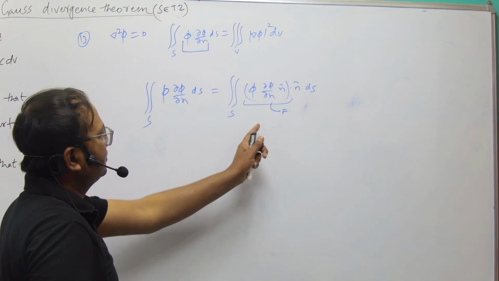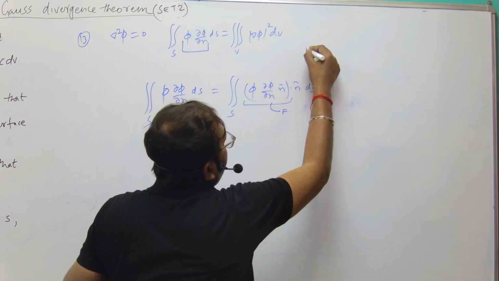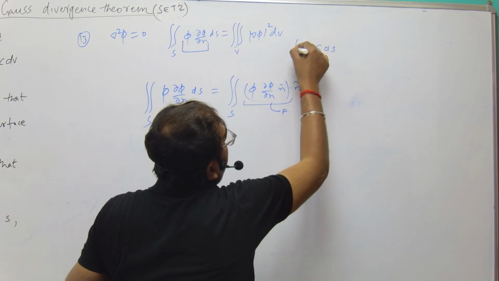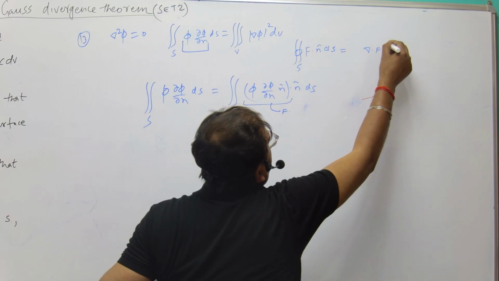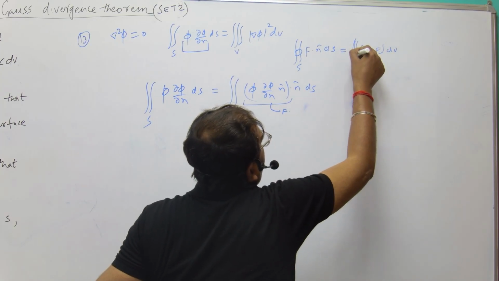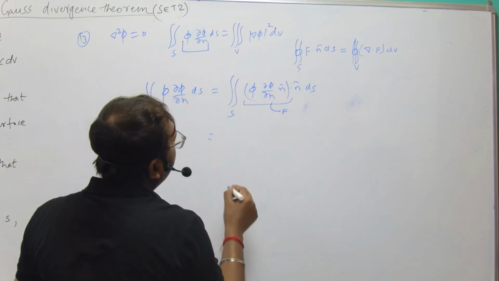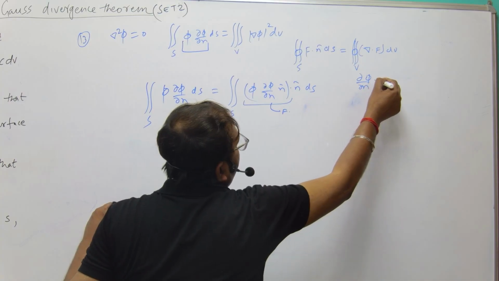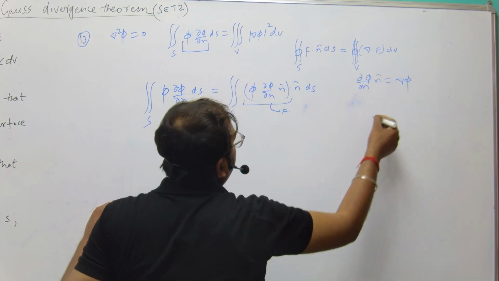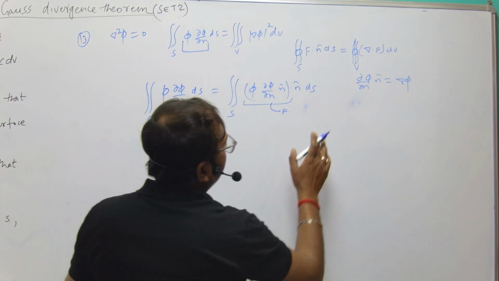The Gauss divergence theorem states that the surface integral of f dot n cap into ds is equal to the volume integral of divergence of f dv. And del phi upon del n into n cap is equal to del phi. So let us write down one step further.